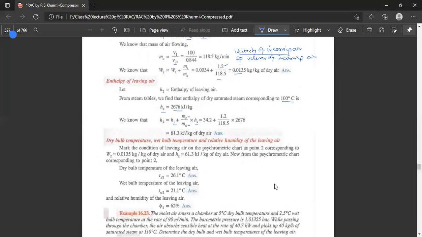This point is closest to the relative humidity line, which is 62%, closest to the relative humidity line on the psychrometric chart. Next, 23.